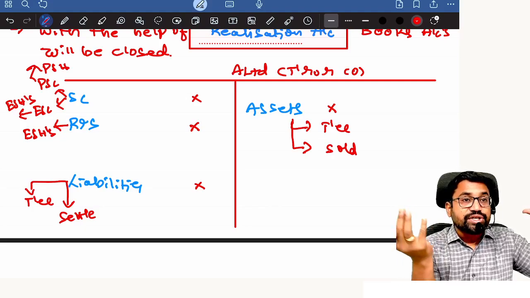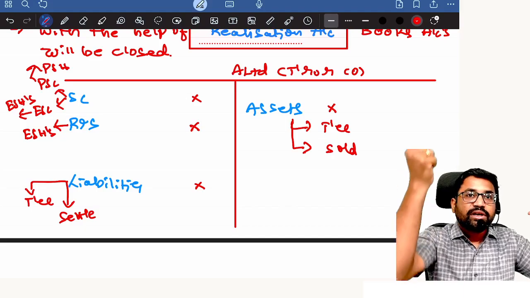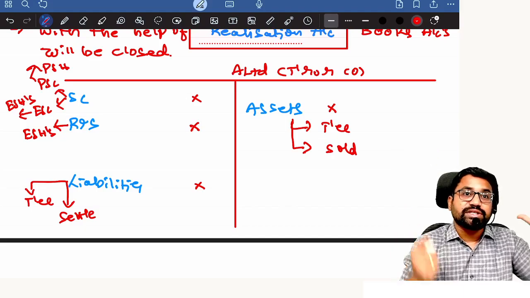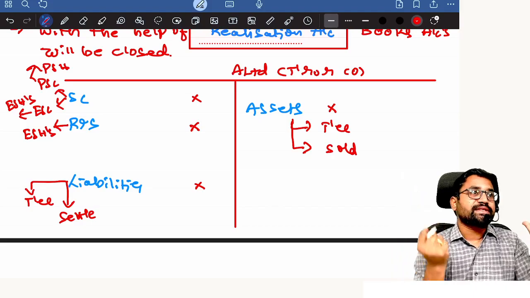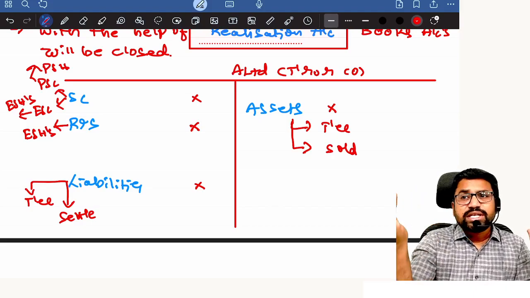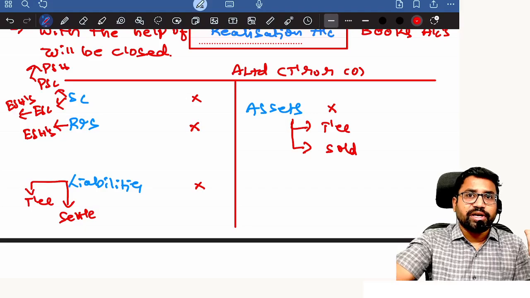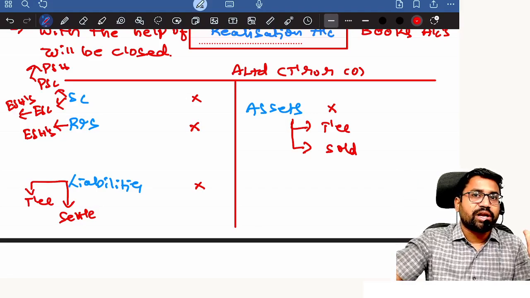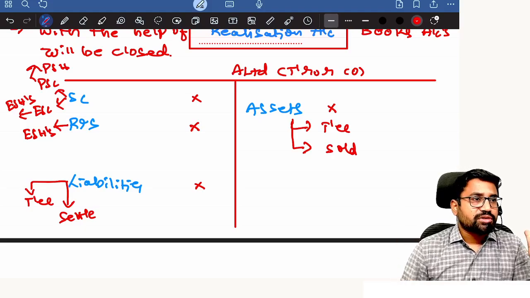Whatever the purchase consideration due from the transferee company, transferee company account debit to realization. Fourth, receive purchase consideration. Purchase consideration can be in any form: cash account debit, equity shares in transferee company account debit, preference shares in transferee company account debit, debentures in transferee company account debit, or any other securities in transferee company account debit to transferee company account.